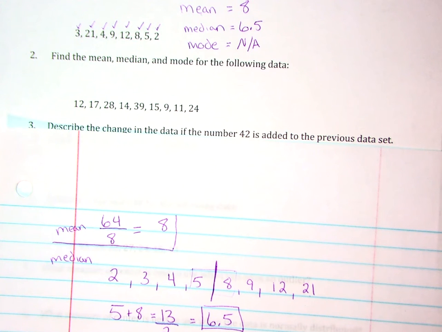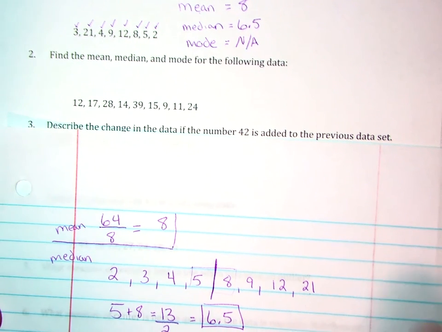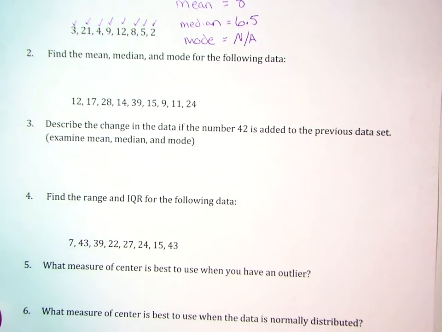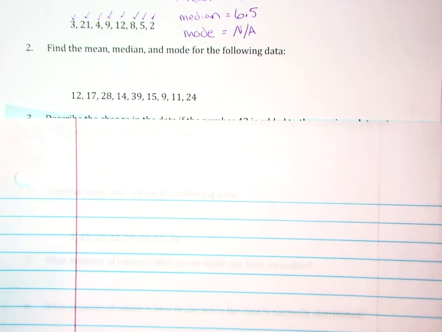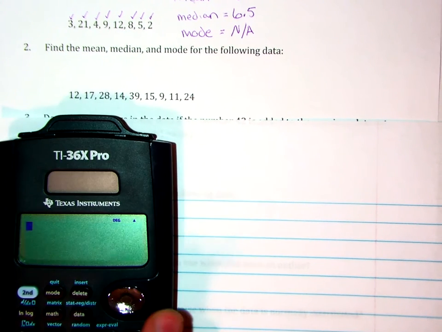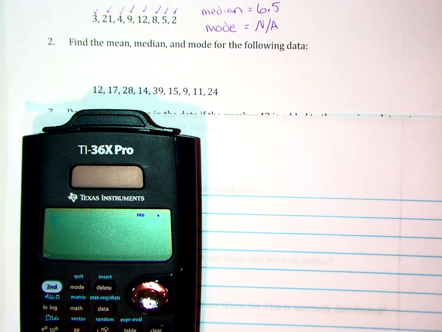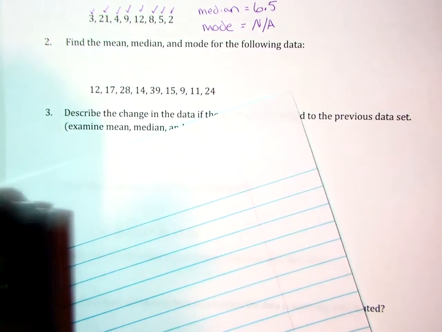Number 2, find the mean, median, and mode for the following data. Well, we've already done this once, so doing it again should not be anything difficult. Again, for the mean, I'm going to put the numbers into the calculator. So 12 plus 17 plus 28 plus 14 plus 39 plus 15 plus 9 plus 11 plus 24 equals 169.